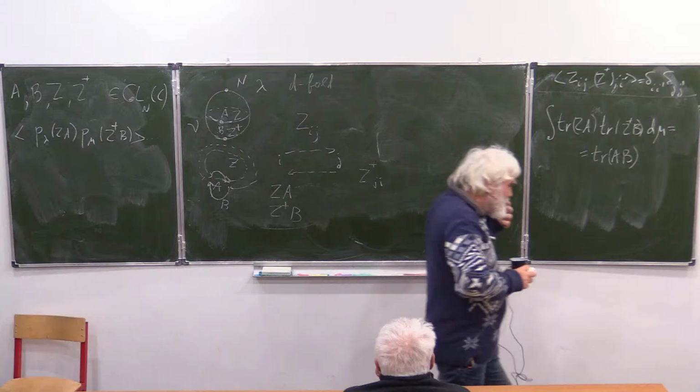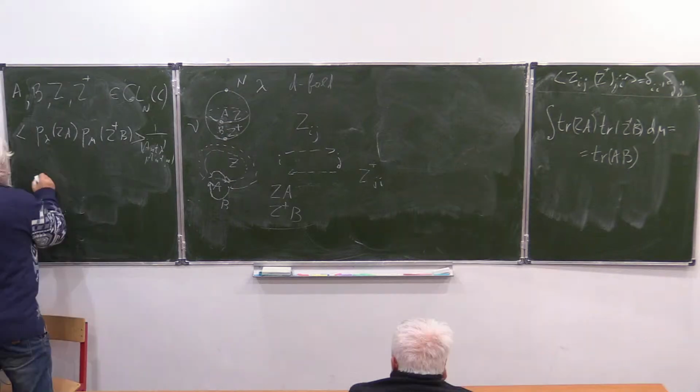The Wick theorem gives the number of gluings, and if we divide by these automorphisms of lambda, we get exactly the Hurwitz number. So we have the following formula.